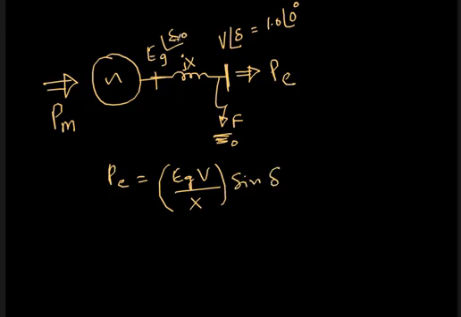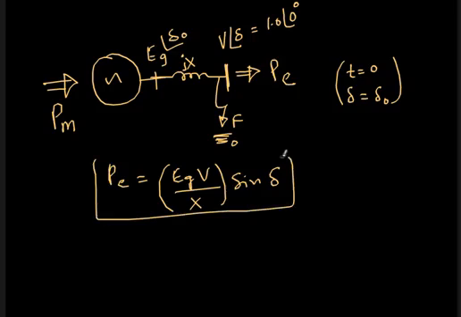The delta of the machine is delta naught. At t equal to 0, delta is delta naught, as shown in this figure. But in general, this is the electrical power, and this quantity we are denoting as P max sine delta.